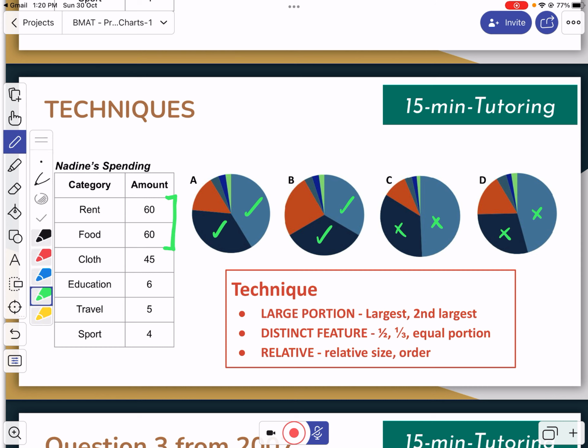For example, you look at 45 and you compare it to 60. You compare clothing to food. That is actually larger than 1/2. It's about 3/4. 45 is about 3/4 of 60. And then you look at the choices. This must be clothing. They are the third largest. For A, clothing here is less than 1/2 of food.